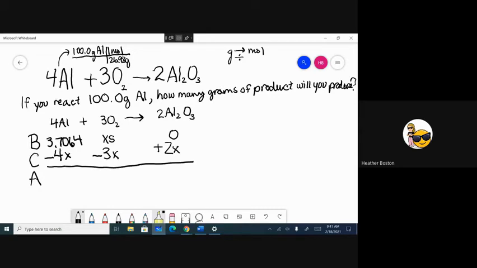So this is actually a problem. And afterwards, all of the aluminum is going to get used up. I'll still have leftover oxygen because I had plenty of it. And we need to figure out what the value of X is to solve this.